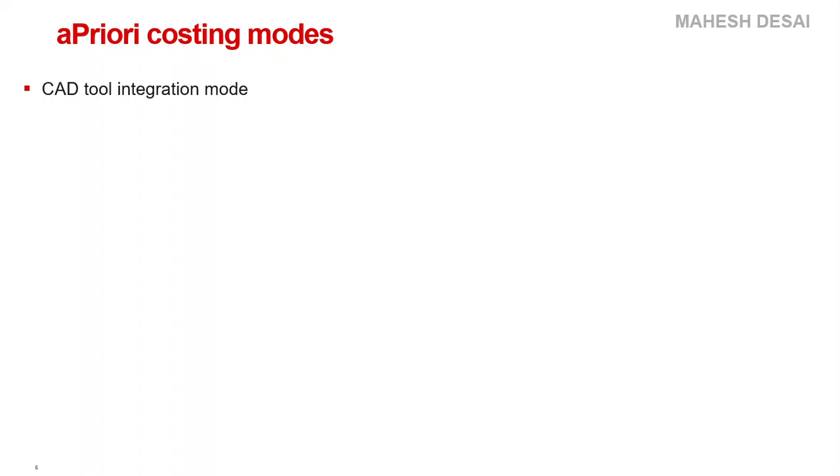Any changes you make to the CAD file in Creo will be automatically reflected in aPriori. We say simultaneous working with the CAD tool, so any modification is visible in the aPriori tool.